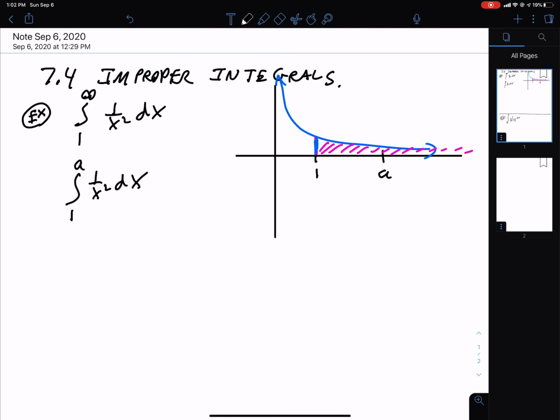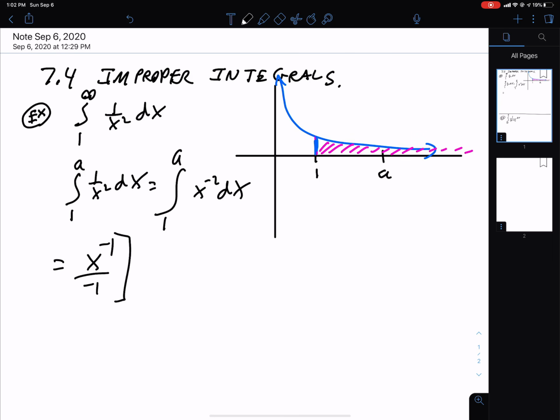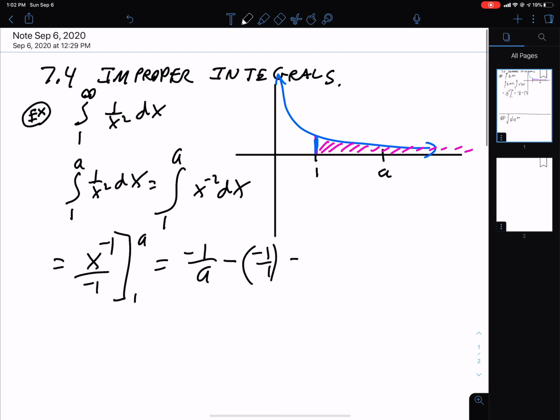Well, I know 1 over x squared is x to the negative 2 power. And I know you add 1 to the exponent and divide by that, from 1 to A. And after we plug everything in, we get negative 1 over A minus negative 1 over 1. Bam.